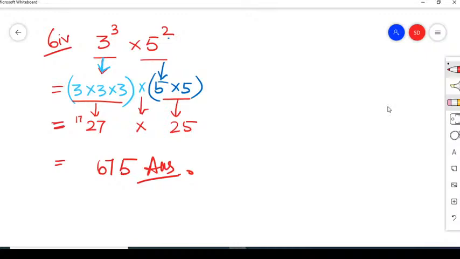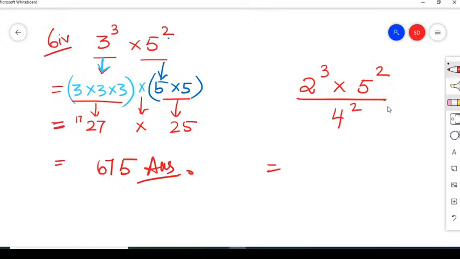So you can get something like this also. 2 to the power 3 into 5 to the power 2 divided by 4 to the power 2.